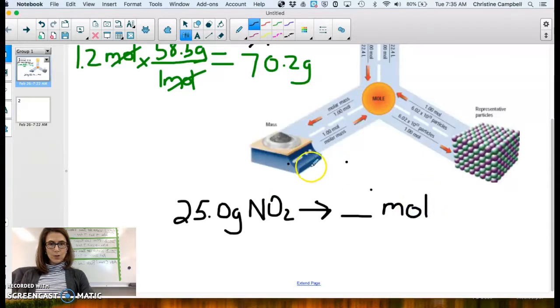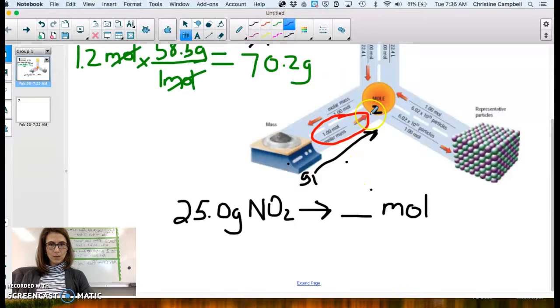So this time we're starting down in this corner here with grams. So this is step 1. And we want to end up with moles. So we're going to be following this arrow here. So this time we're going to have our 1 mole over the molar mass.